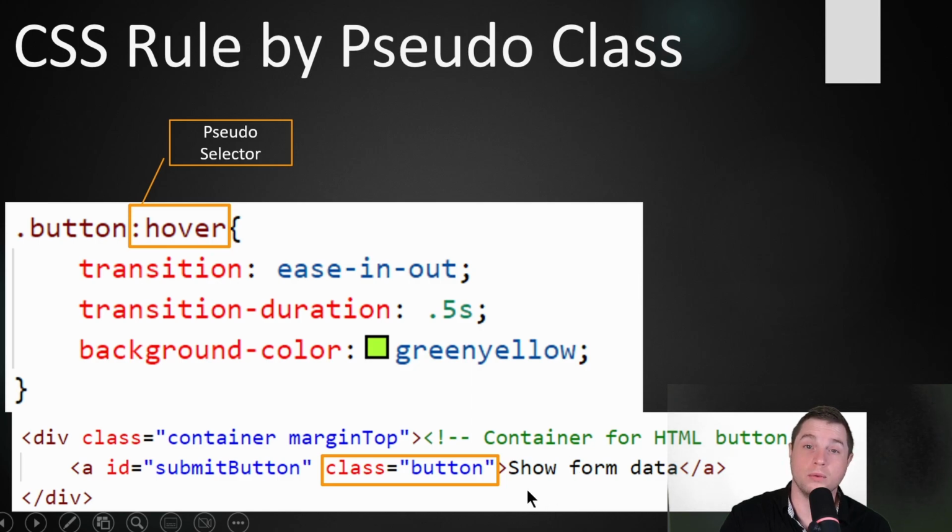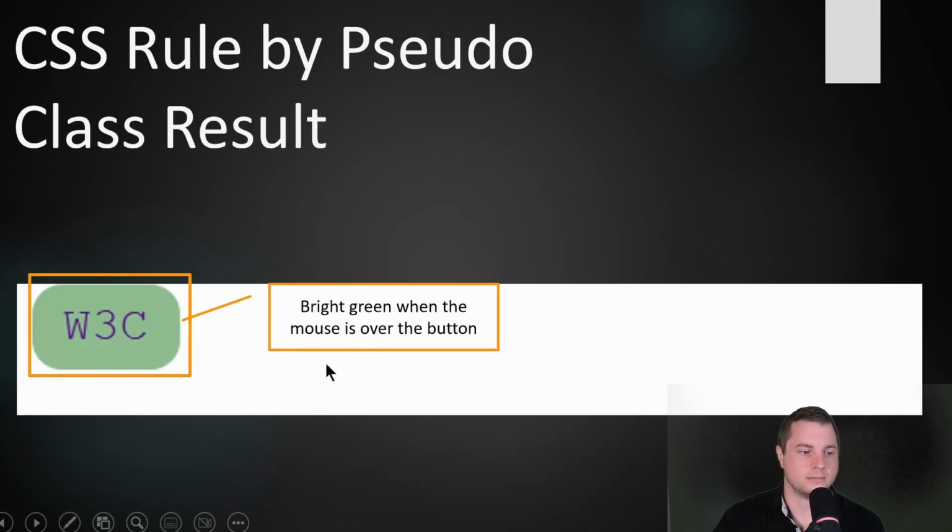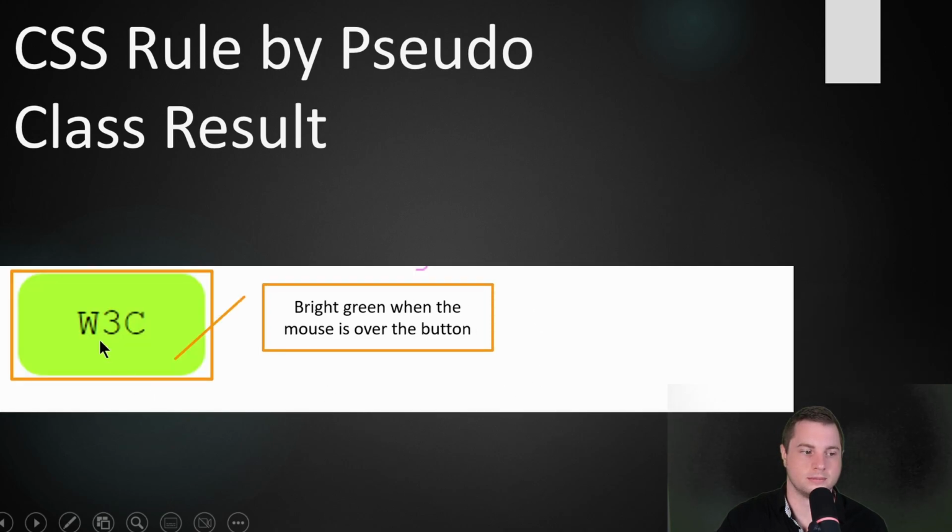So when I hover over a button, it's going to change to this green yellow. And then we have a transition duration of half a second. And then we're going to have the preset transition type of ease in and out. So here we go. The original button. When you hover over it, it's going to get this green background. Hopefully that made sense.